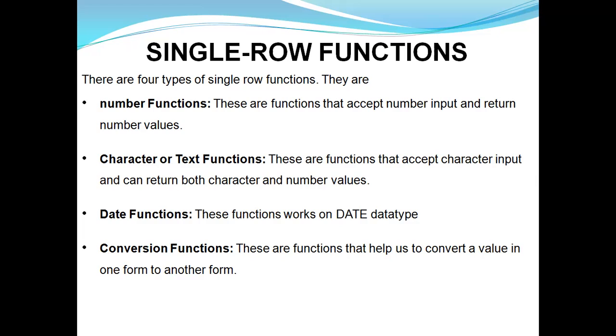Date functions are used for date data type values. Very simple. Conversion function is a function which is used for converting from one form to another form. One form means one data type to another data type. That's called a conversion function.